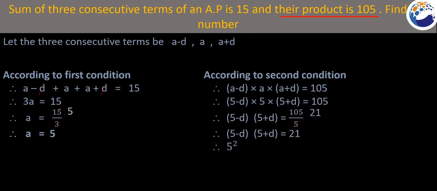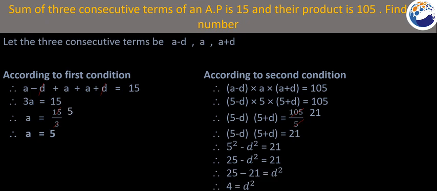Therefore, 5 square minus d square is equal to 21. Therefore, 25 minus d square is equal to 21. Therefore, 25 minus 21 is equal to d square. Therefore, 4 is equal to d square. That is, d is equal to plus or minus root 4, which is plus or minus 2. We get two values of d: d is equal to plus 2 or d is equal to minus 2.